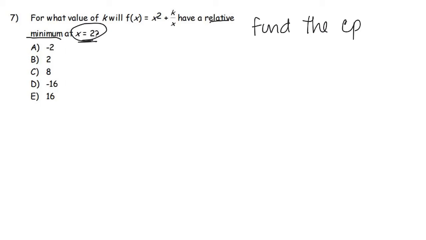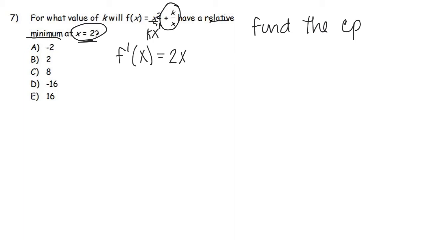So we need to go through our derivative. f prime of x is going to equal, well, x squared, derivative of that is 2x. Now this next part is a little weird, so I would rewrite it as k times x to the negative 1. It is to the negative 1.